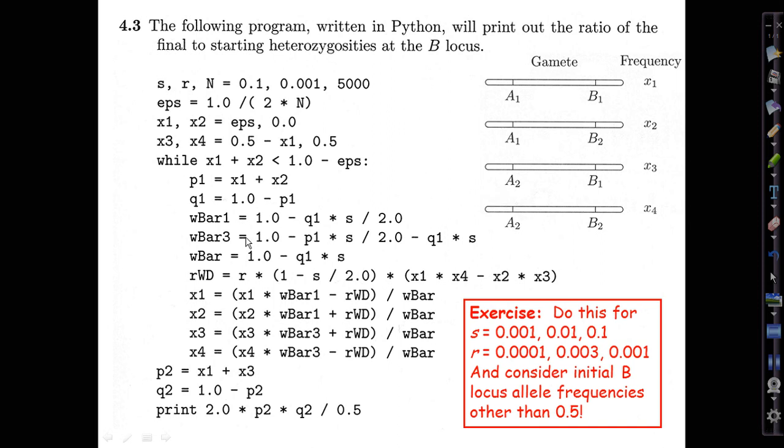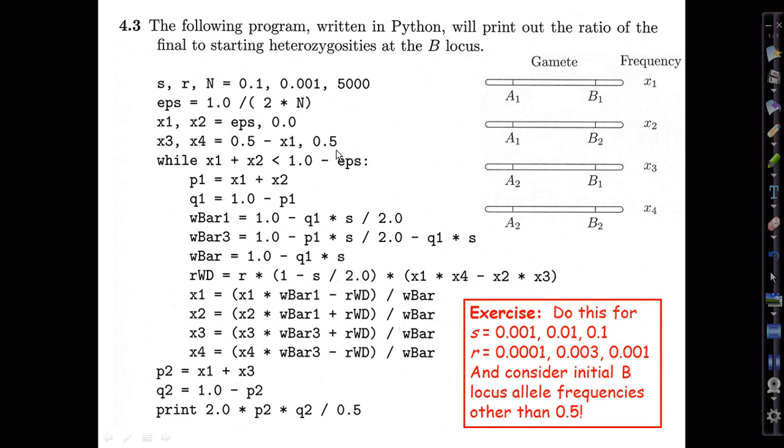and the way to make it more enlightening than it is in this version would be to try a bunch of different values of the selective advantage of the sweeping new mutation, as well as the recombination rate between the A and B loci, and also to consider, which Gillespie does not do, initial frequencies of the B locus alleles other than 0.5.